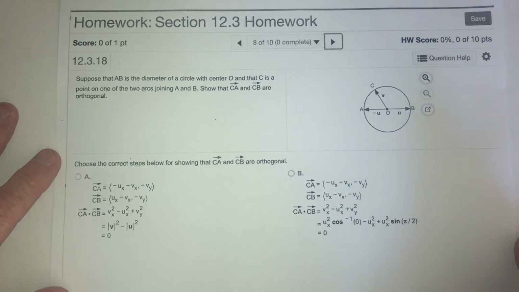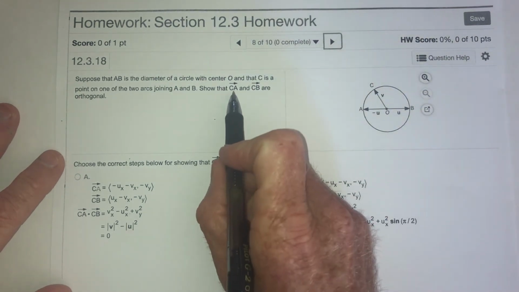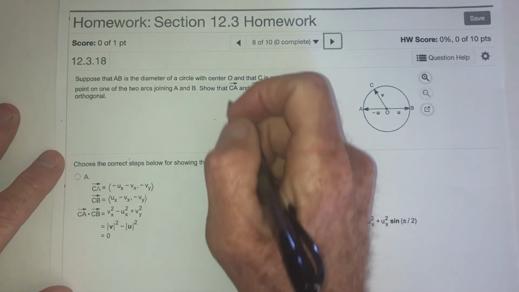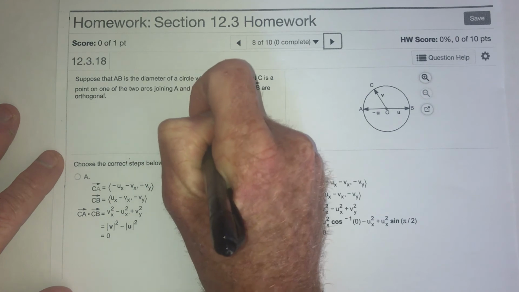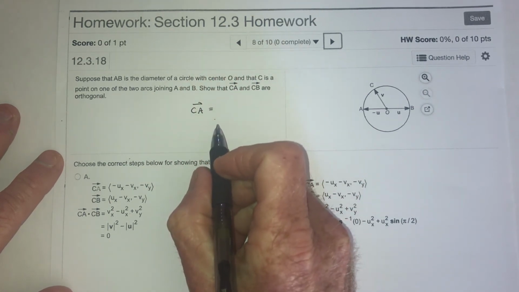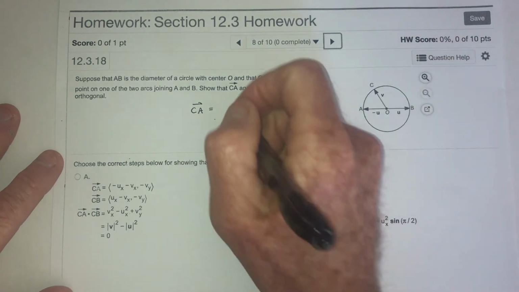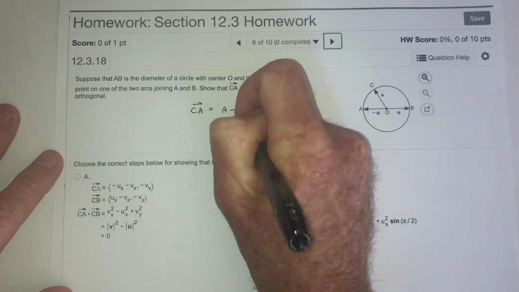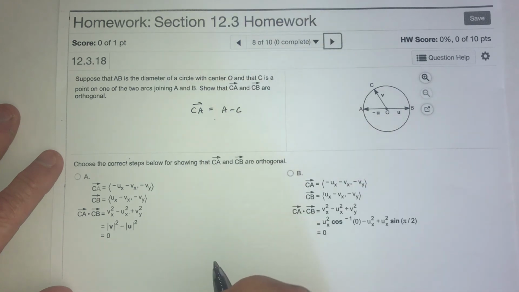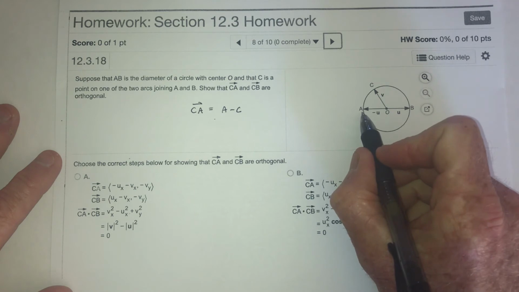Now let's see. Show that CA, so this is a vector, and it comes from subtracting 2 points. If it's going from C to A, that means you go A minus C. Well, what are these as actual points?